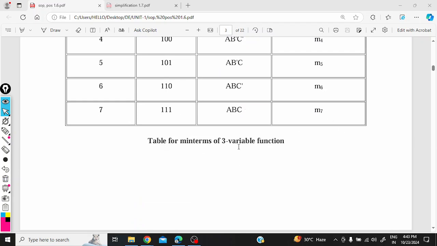This minterm table is for a 3 variable function. Similarly, the table for minterms for 4 variables will go from 0 to 15, that is 0000 to 1111. That is how we represent the minterms in sum of product form.